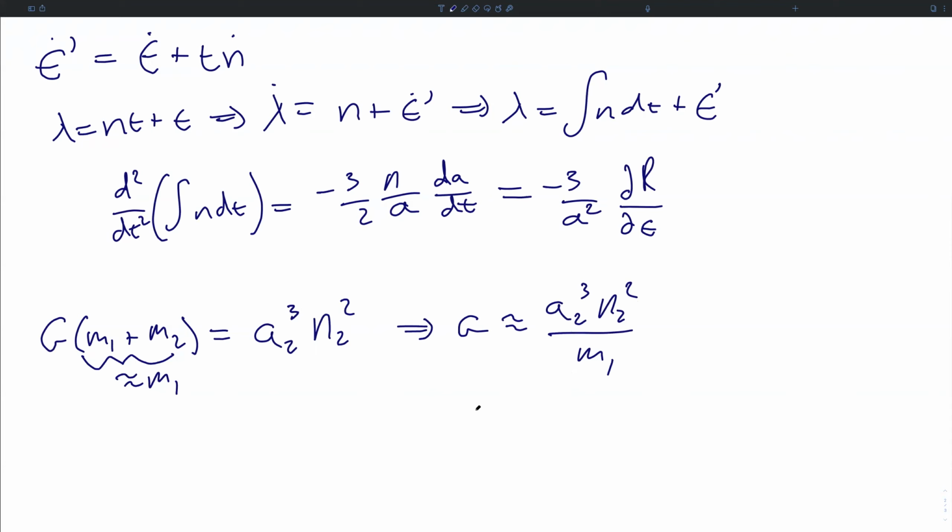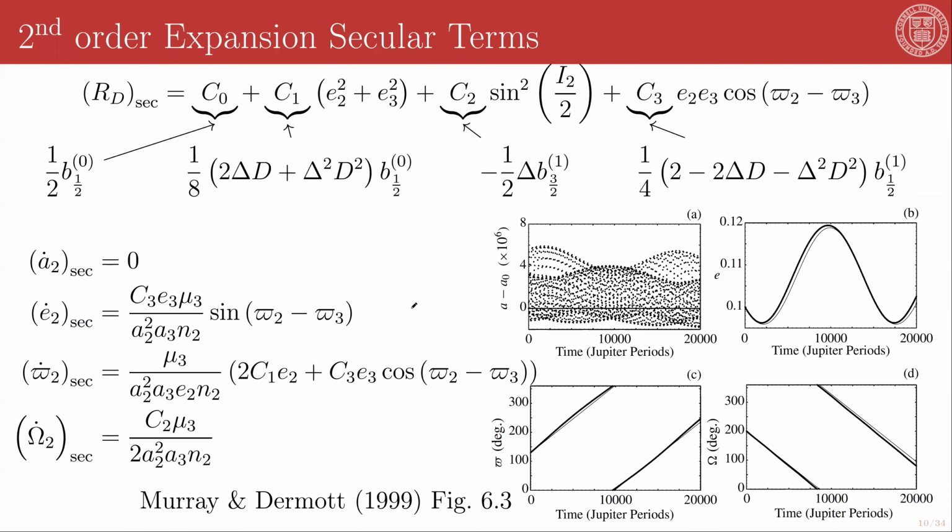And that means that all instances of mu3, which we are defining in this case as G m3, can be approximated by a2 cubed times n2 squared times the ratio of m3 to m1. We are also going to assume that e2 can be much larger than e3. This conceptually makes some sense, although it does restrict the generality of our analysis.